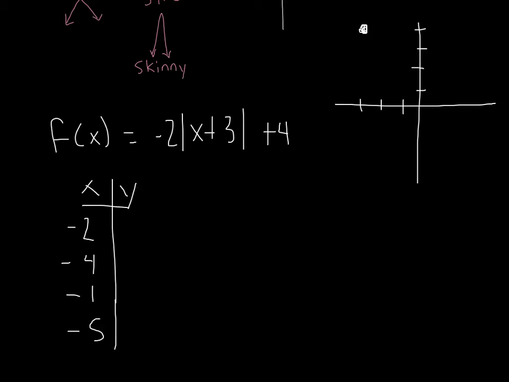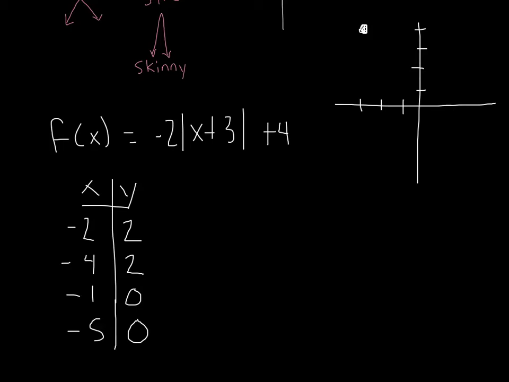So when we plug the value -2 in right here, we're going to get a value out of 2. When we plug -4 in, it's also going to give us a 2. I'm not showing the work for that, but you can go through and do the computation. When we plug in -1, we get out 0, as we do when we plug in -5.